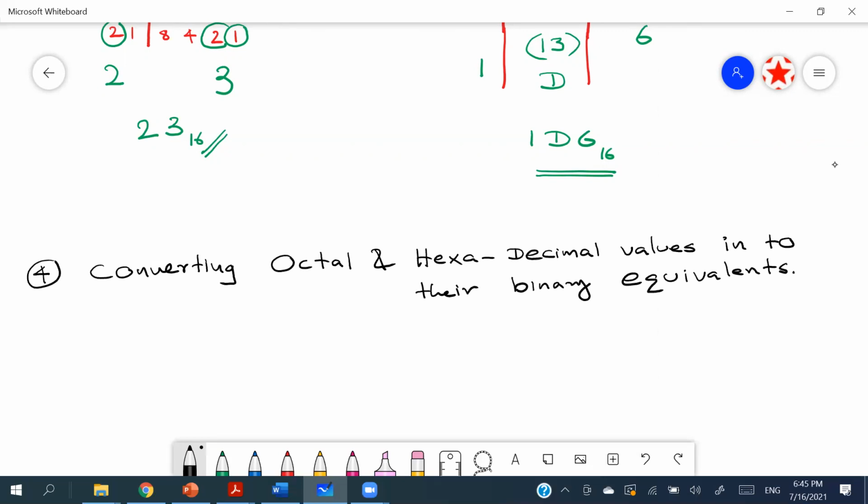Now we are given the octal value and asked to convert it into binary. So what we have to do is take one particular symbol from the octal value and extract that symbol into a group which contains 3 bits, right?